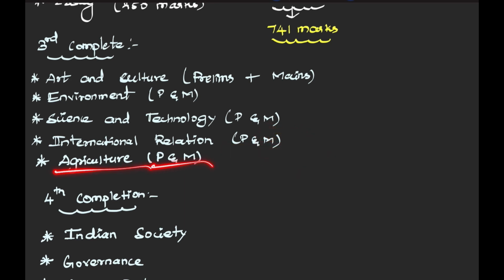Agriculture, both prelims and mains, comes under GS3, like various major crops and cropping pattern, types of irrigation, PDS, MSP, those topics come under agriculture as well. So you should completely study these 5 subjects in your third stage.